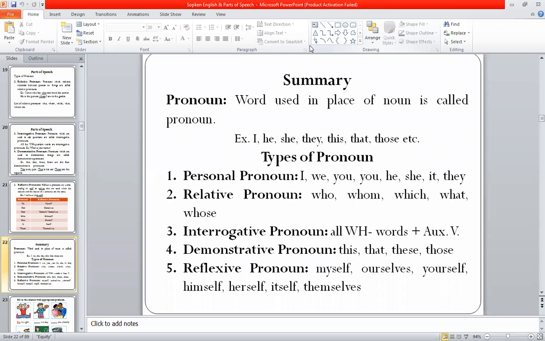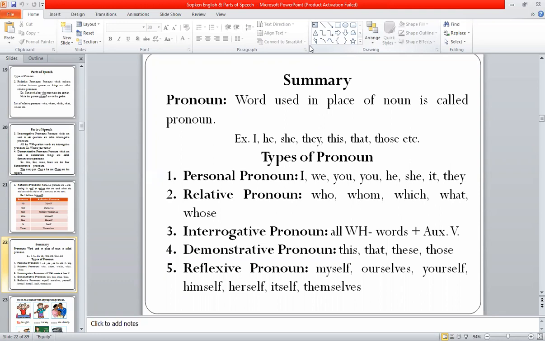We generally start the sentences with the interrogative pronouns, and after that it is followed by the auxiliary verb. So this is the difference between relative pronoun and interrogative pronoun. The difference between them is only the place where we use them. Okay, so this is about the third type.